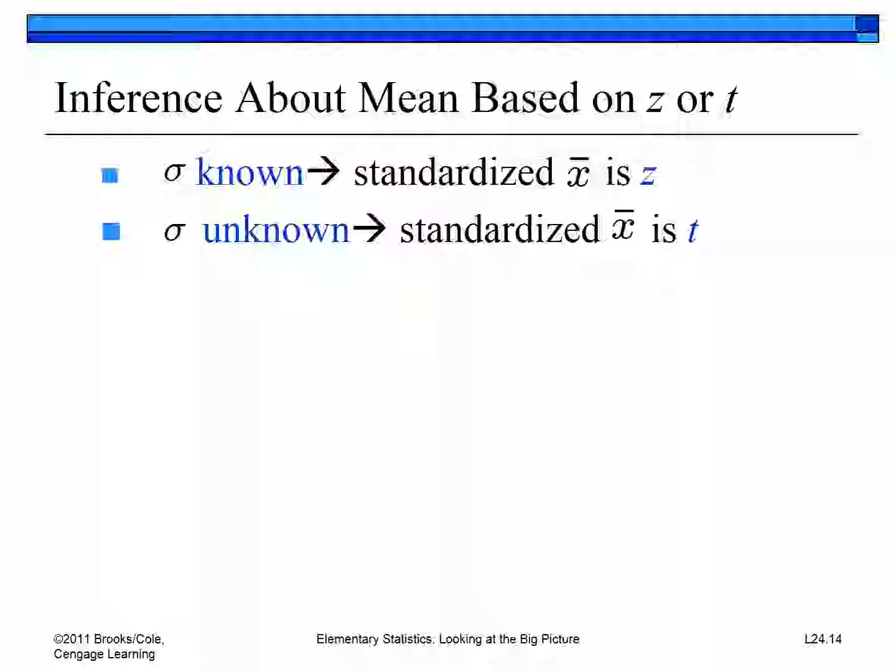Remember, the letter Z indicates normal distribution. If the population standard deviation is unknown, we will call it T.